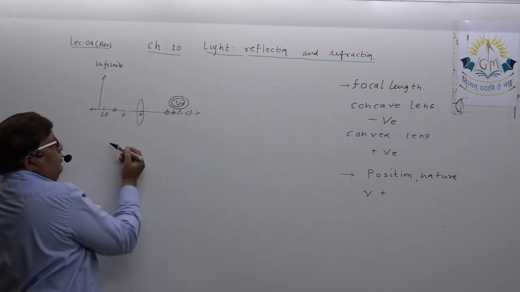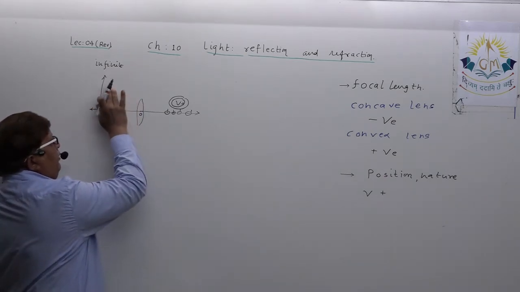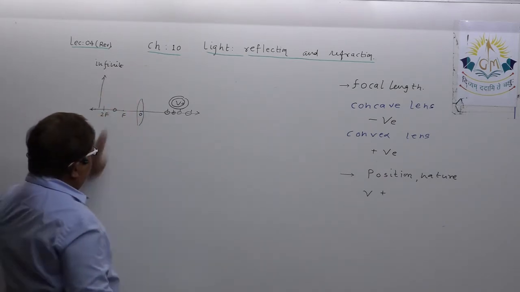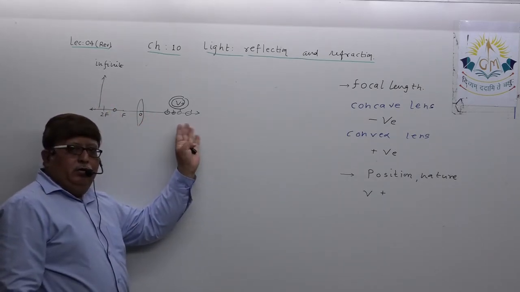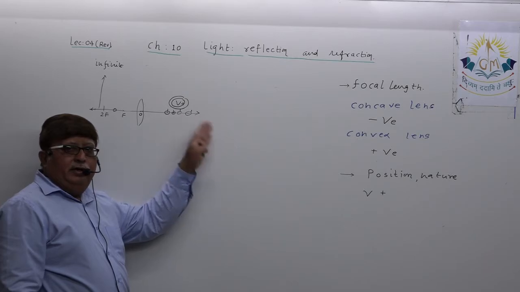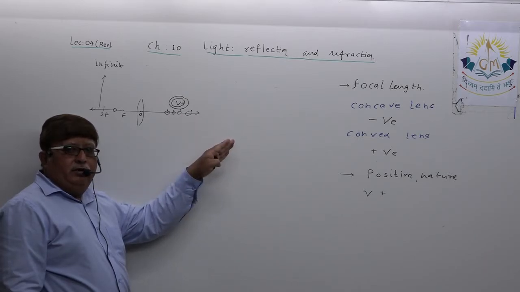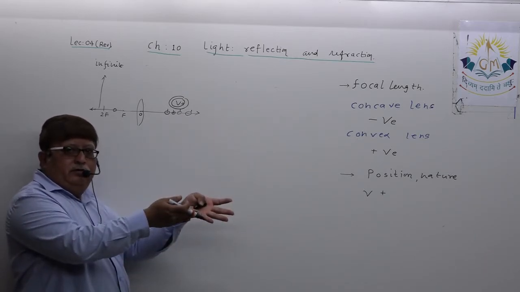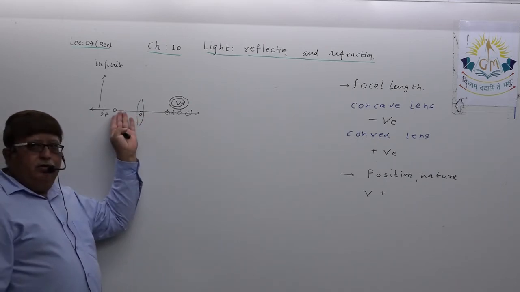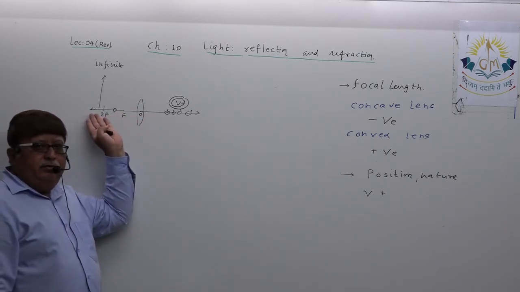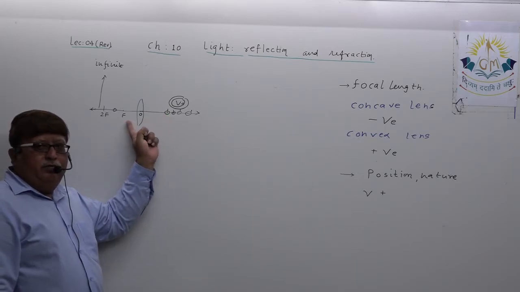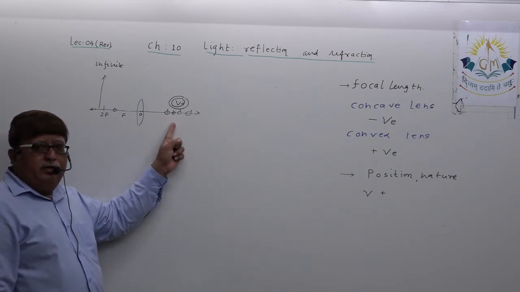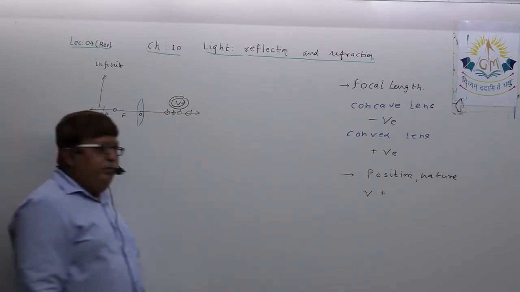But just now I am refraining from that. Just think this only: all images are on the right side of the lens. Understand? Means on the other side. Object is always kept on the left side and image is obtained on the other side. That means from optical center to the right, it is always positive.